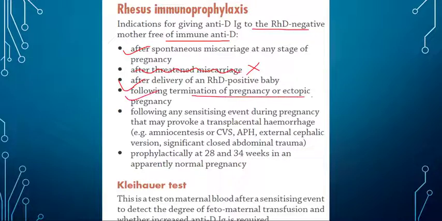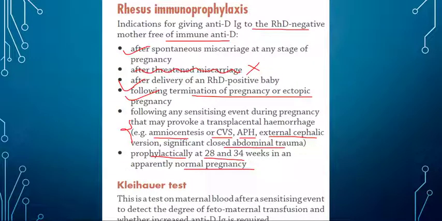After termination of pregnancy or ectopic pregnancy, following any sensitizing event like amniocentesis, then CVS, then antepartum hemorrhage, external cephalic version, any abdominal trauma, there is a risk of fetal-maternal transfusion. So you have to give them anti-D after these events. And prophylactically, we give it at 28 and 34 weeks in an apparently normal pregnancy. So these are the times when we give the anti-D injection to the mother.